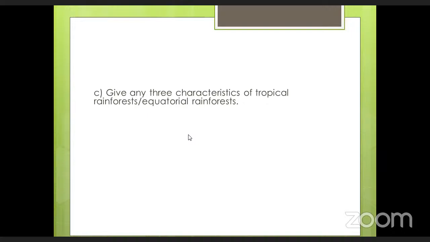The word is equatorial rainforest. Yes. The question is asking us to give the characteristics of equatorial rainforest.